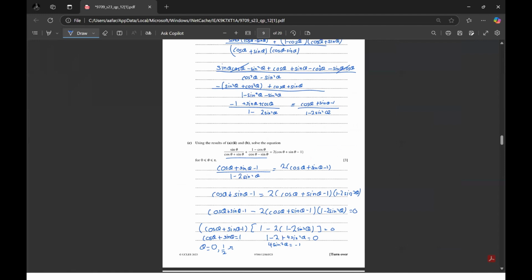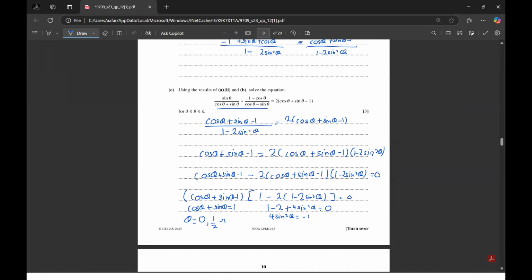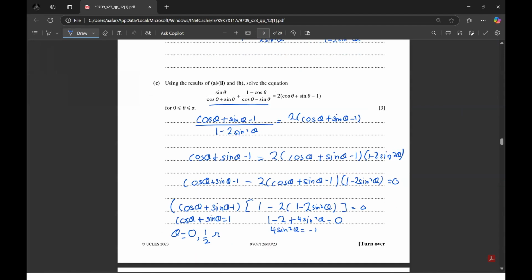Oh, sorry, it's not minus, it's plus 4 sin theta. So my bad. So negative 4 sin square theta is equal to negative 1. So we can say this is positive 1. Sin square theta is basically 1 over 4. Sin theta we get is plus minus 1 over 2.